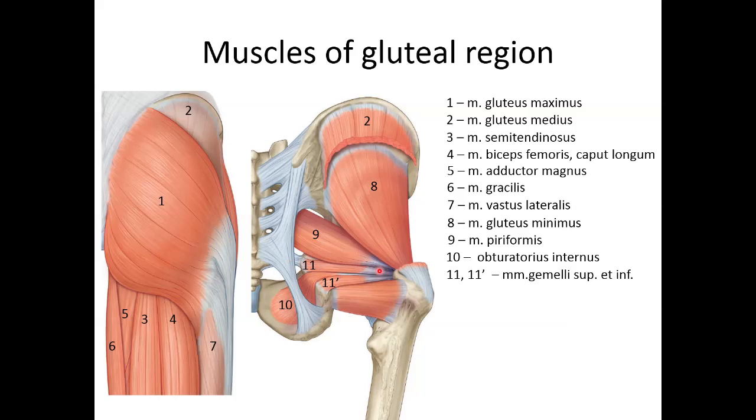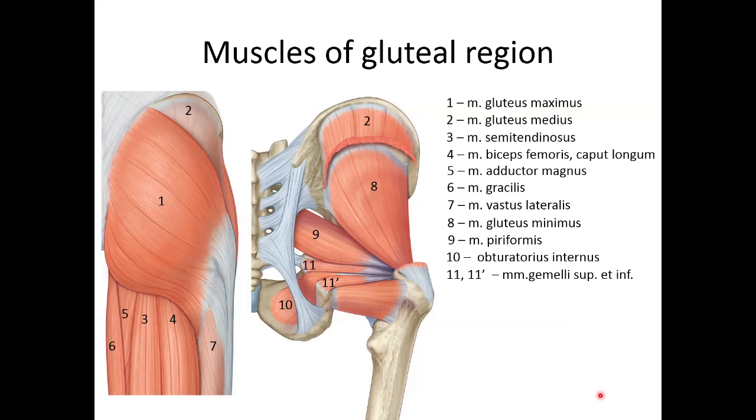Like brothers. That's why such name, gemelli. And for us it's important to remember that musculi gemelli, in plural, are located from both sides of the tendon of musculus obturatorius internus, from superior and inferior sides. So these three tendons are arranged together: gemellus superior, obturatorius internus, and gemellus inferior.